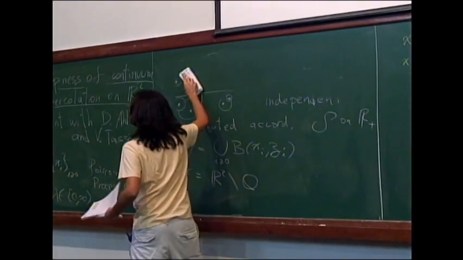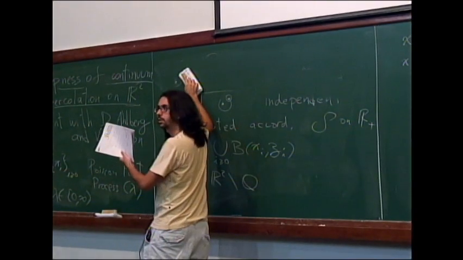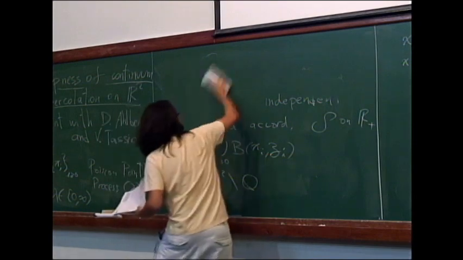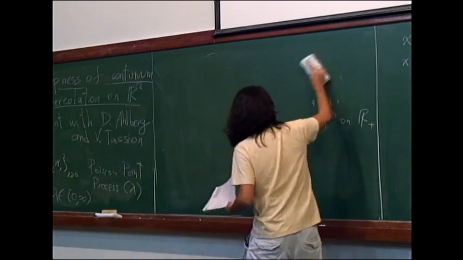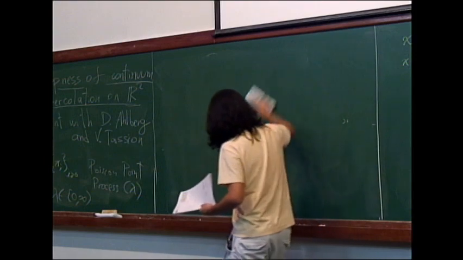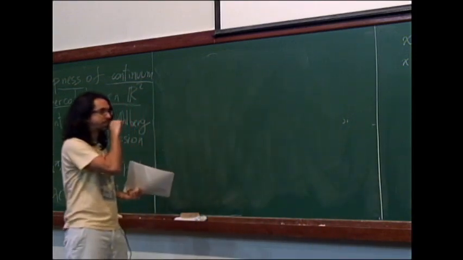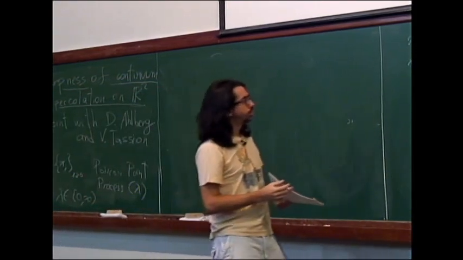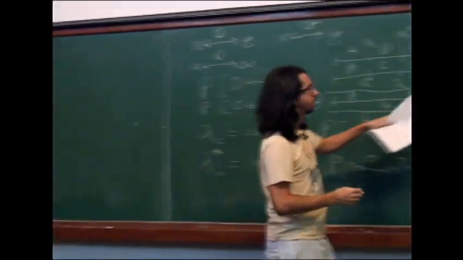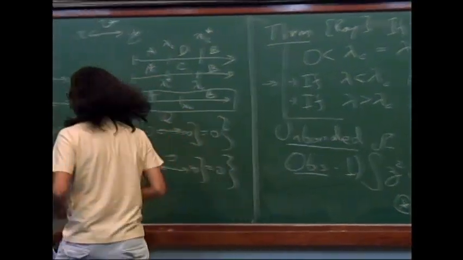Now the second observation, and I still have 10 more minutes, right? The second observation tells us that we should be a bit more careful because at least one of these is not going to be true.